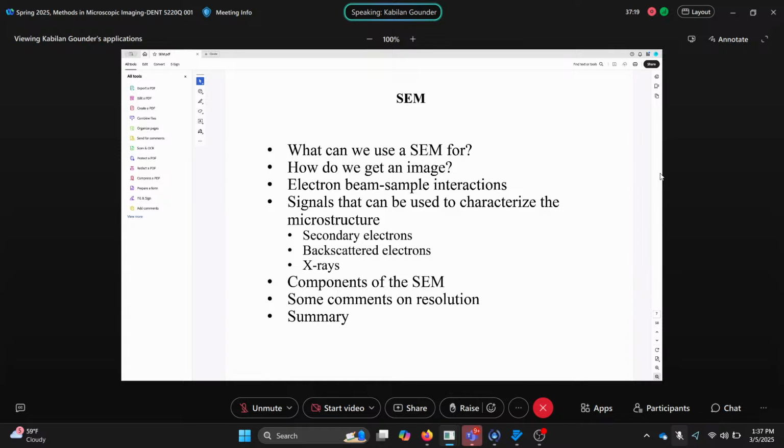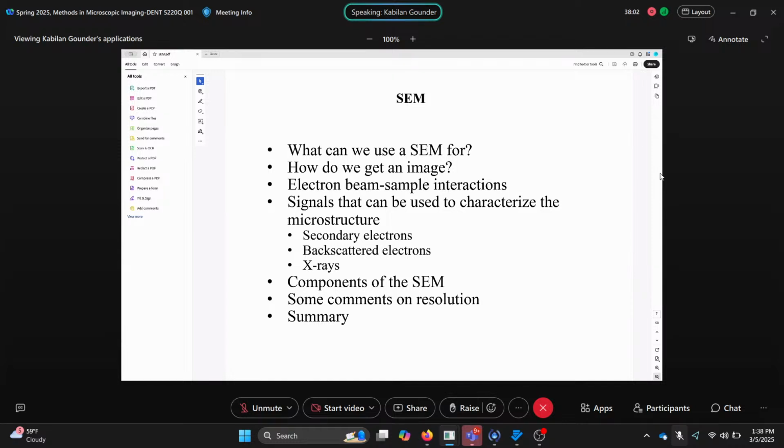Even though there is a lot of processing and chemicals and it is time consuming, once you get this, it is very valuable information. Then, how do you take a picture and how do you process it, these are other interesting topics. We will discuss that. Also, electron beam and sample interactions: how the electron and the sample interact with each other and give you images, and signals that can be used to characterize the microstructure.